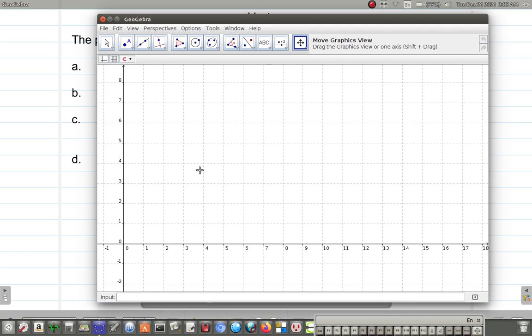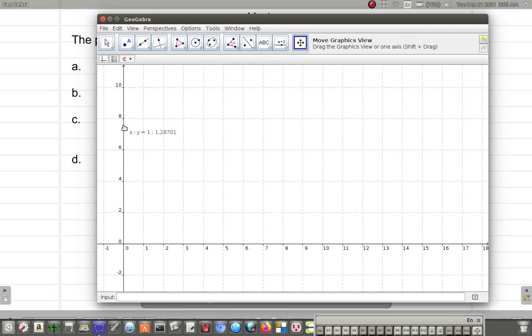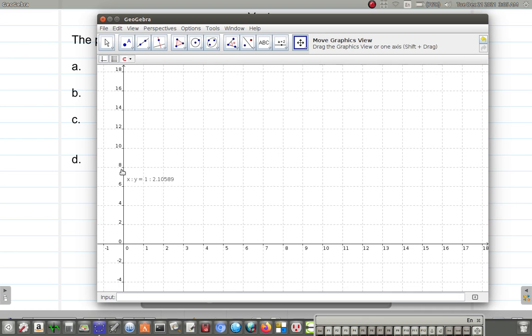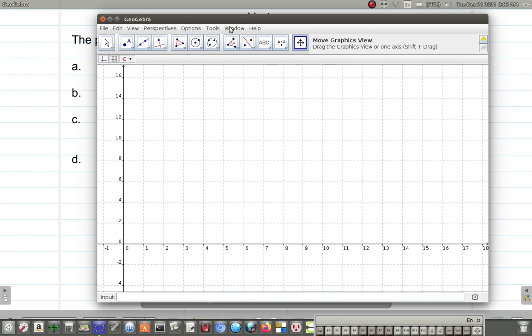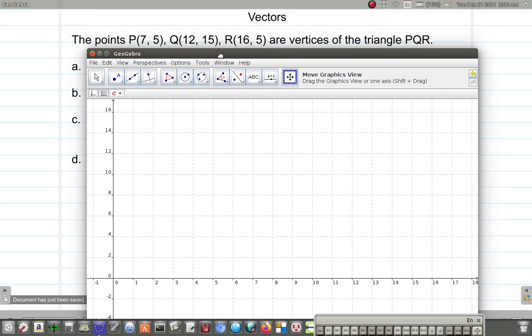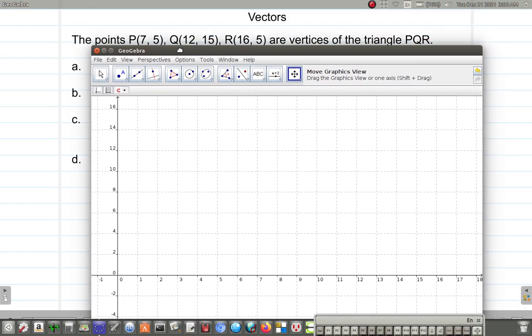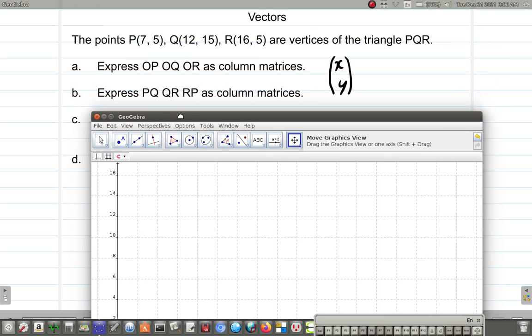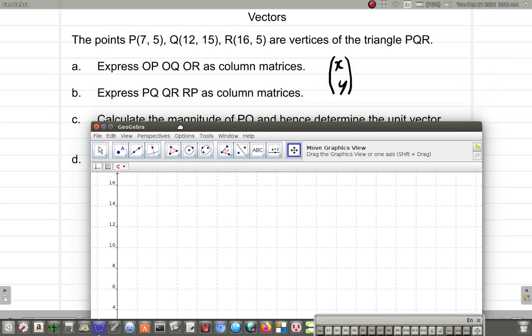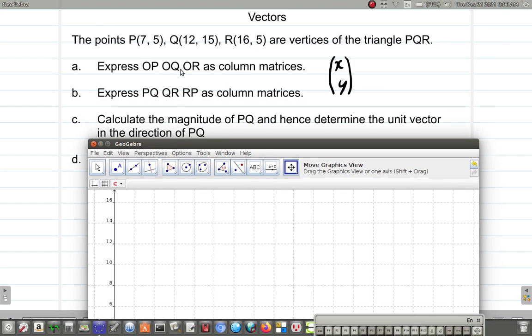Here, we'd have to move up a bit. It goes up to 16. What happens? We know that 7, 5 is OP.